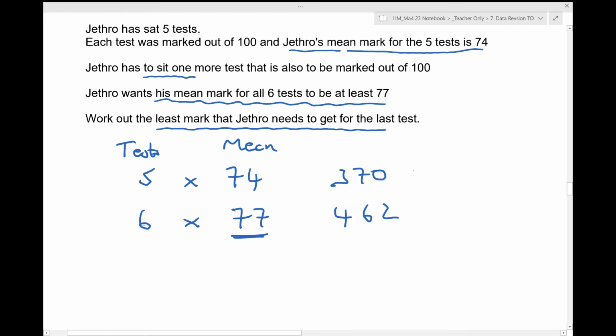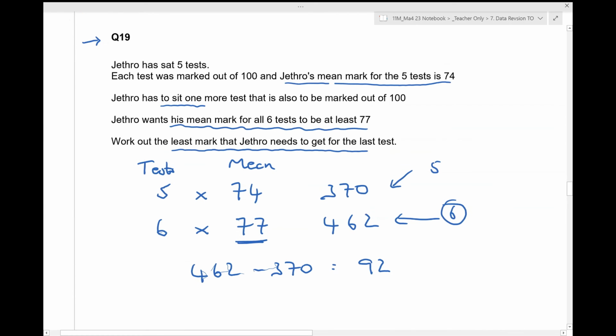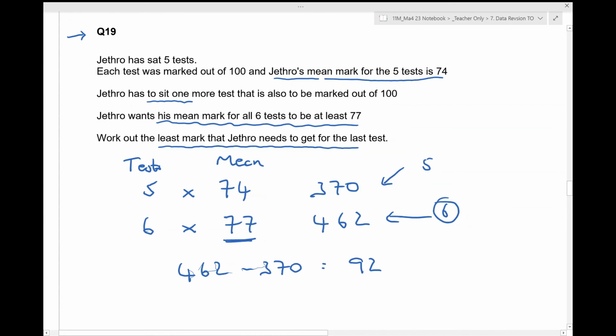So that's his total mark on the first 5 tests, and he needs at least 462 as his total mark on all 6 tests. So how many marks does he need on that 6th test? Well, he needs 462 minus 370. He's going to need 92 marks at the least on that 6th test. Question 19 done.